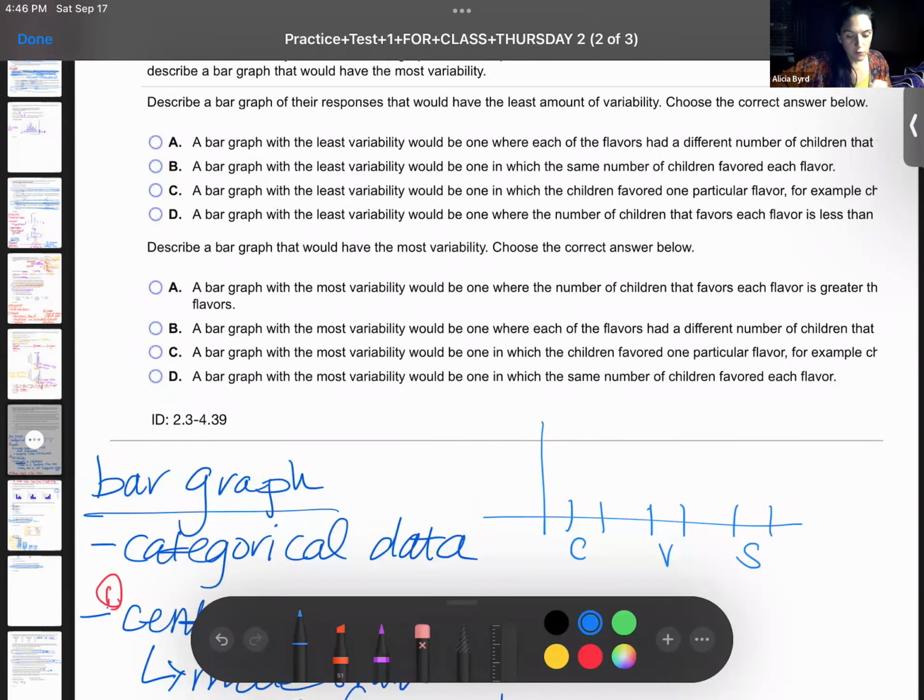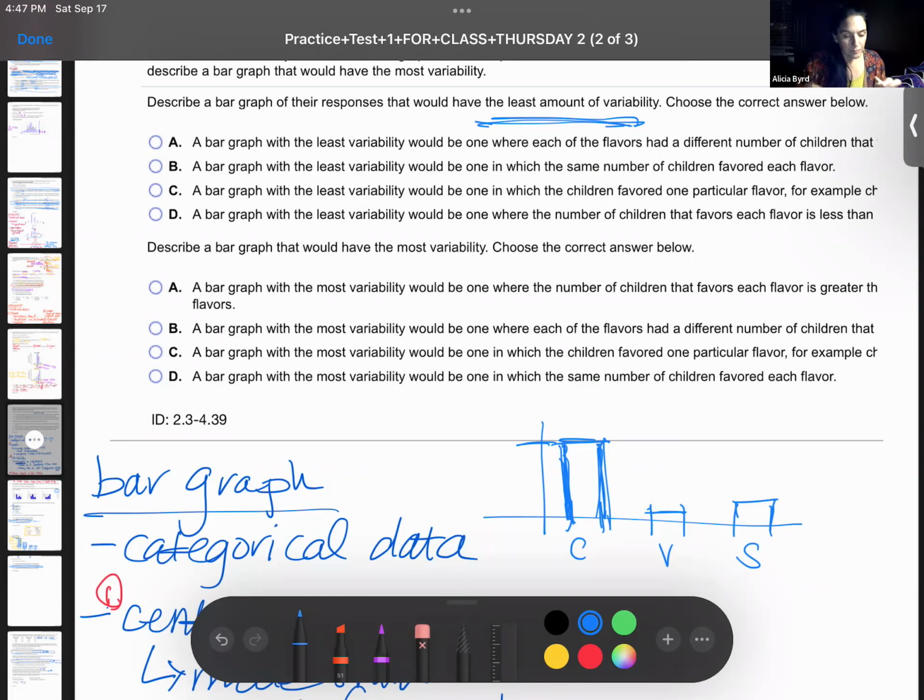If we want least variability, that's going to be when one response gets most of the votes. It doesn't have to be all, but it does need to be most. So we're going to do chocolate. If most people say chocolate, but then maybe you have a few people who like vanilla and some who like strawberry, you can see most of your responses are in one place.